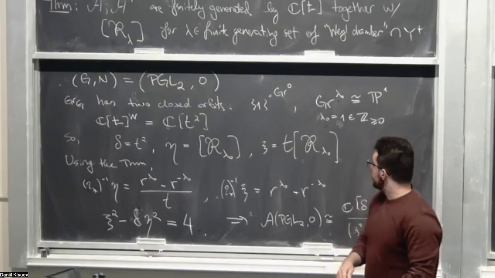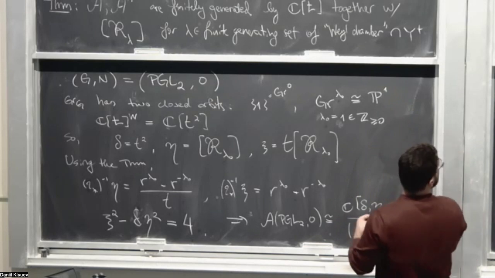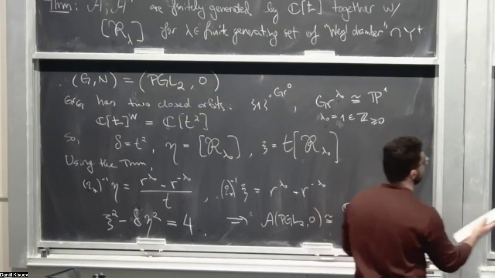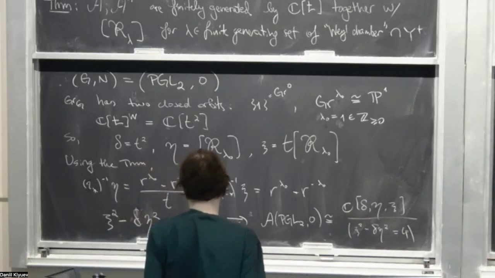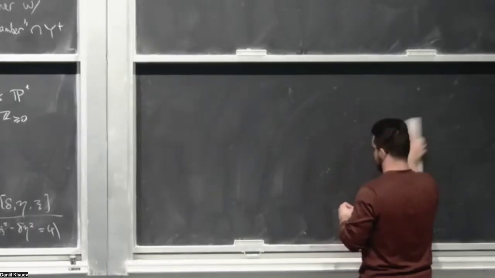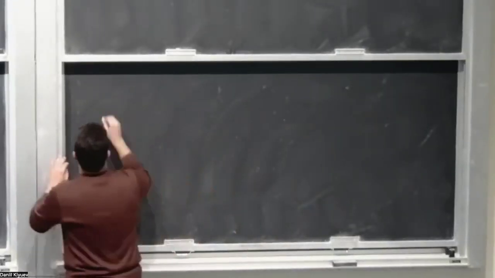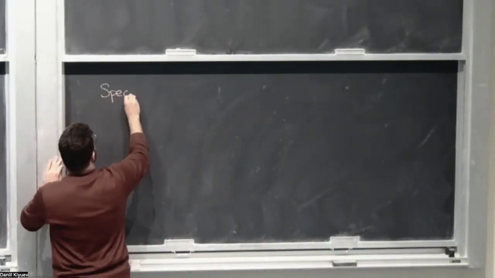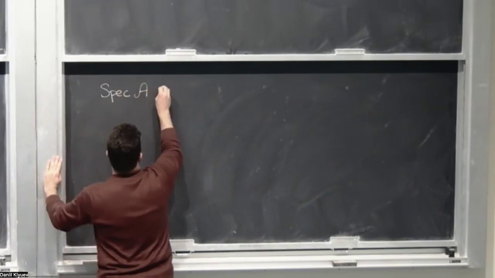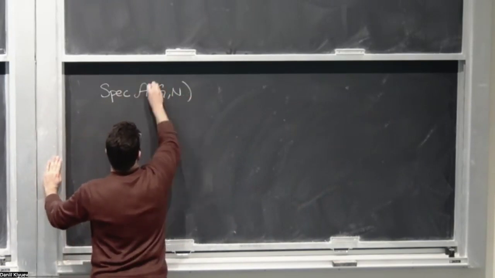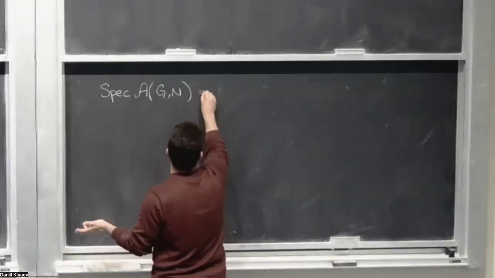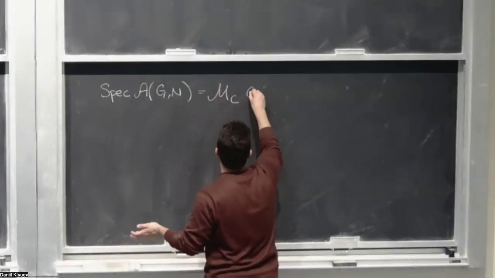Maybe I'll finish by saying one general thing. Sorry, I'm having to move boards for this last thing. The geometric picture one's supposed to keep in mind is that there's this Coulomb branch, I guess they call it M_C(G,N).